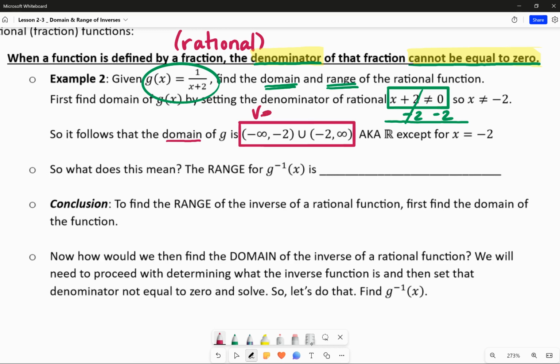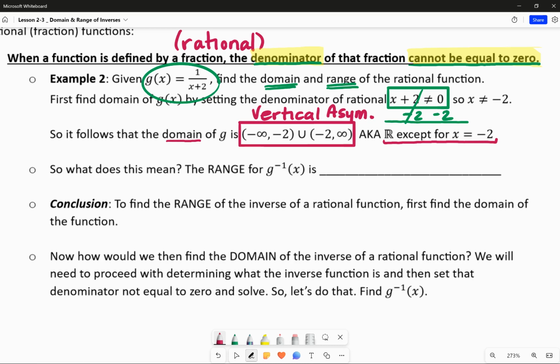And then you would jump over that vertical asymptote, and then you would continue all the way to positive infinity. So that's the notation for all real numbers except for negative 2. And that's why I wrote this here as a reminder just in case.